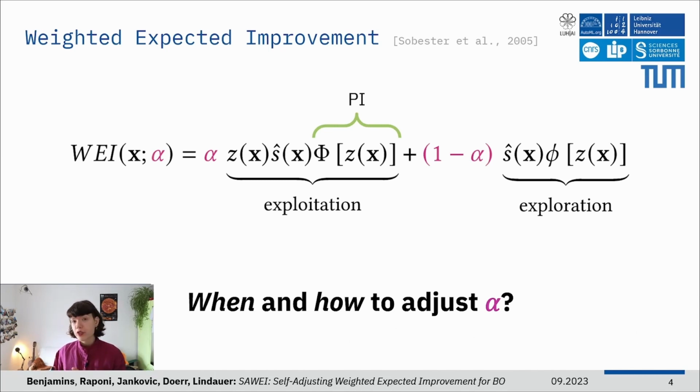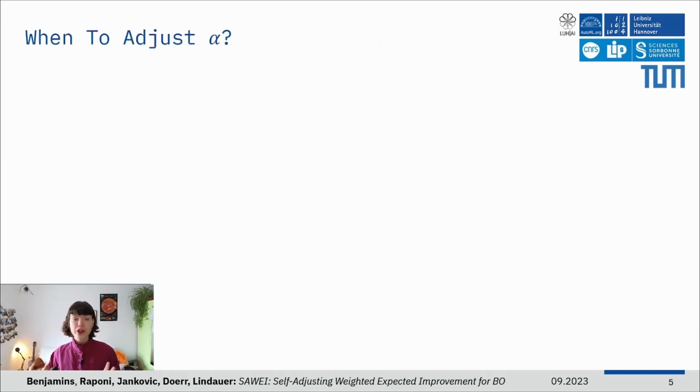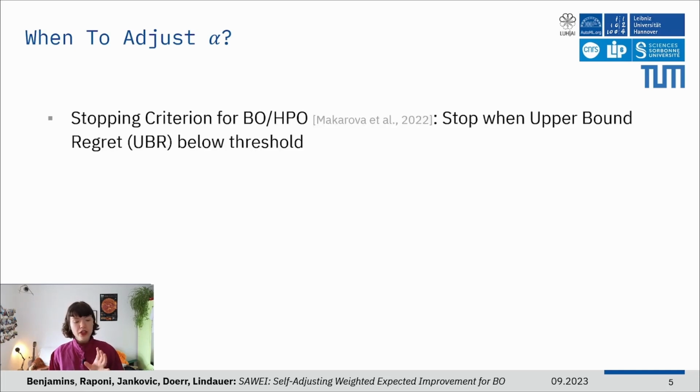So the question transformed to how should we set the general exploration-exploitation trade-off, to when and how to adjust alpha. We first look at the when. There's a stopping criterion for BO or HPO proposed by Makarova et al. They stop the optimization process whenever the upper bound regret is below a certain threshold.